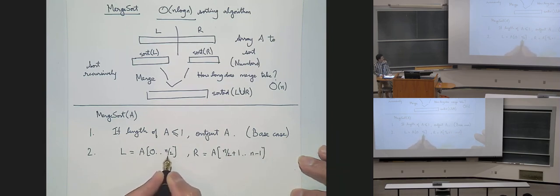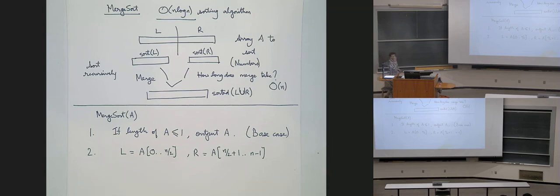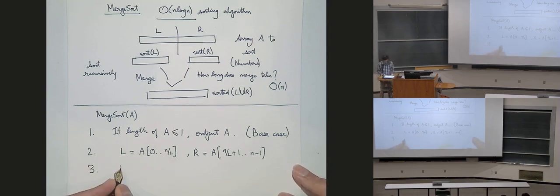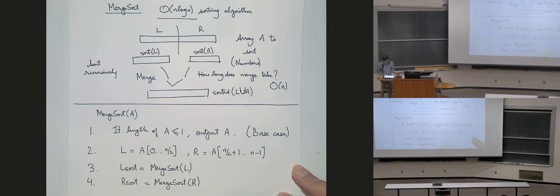You could take a floor or a ceiling, whatever makes sense. You could take the floor if that indexing bothers you. And then you'll say that L sort is equal to merge sort of L, R sort is merge sort of R.